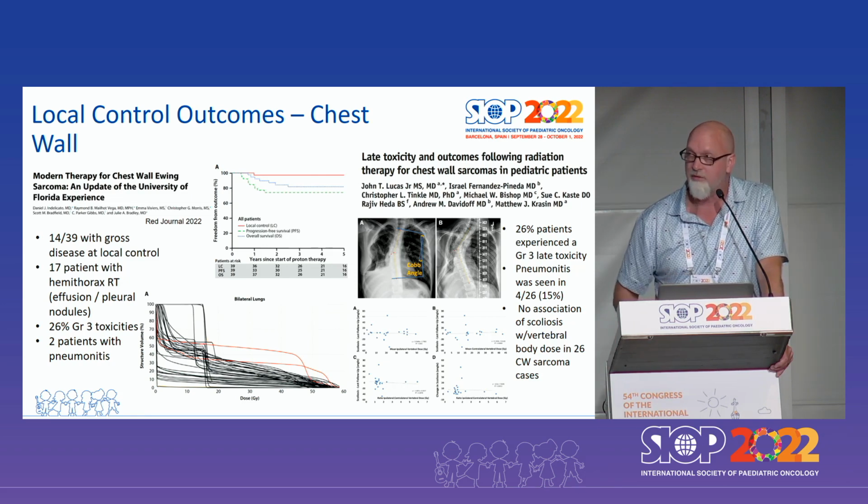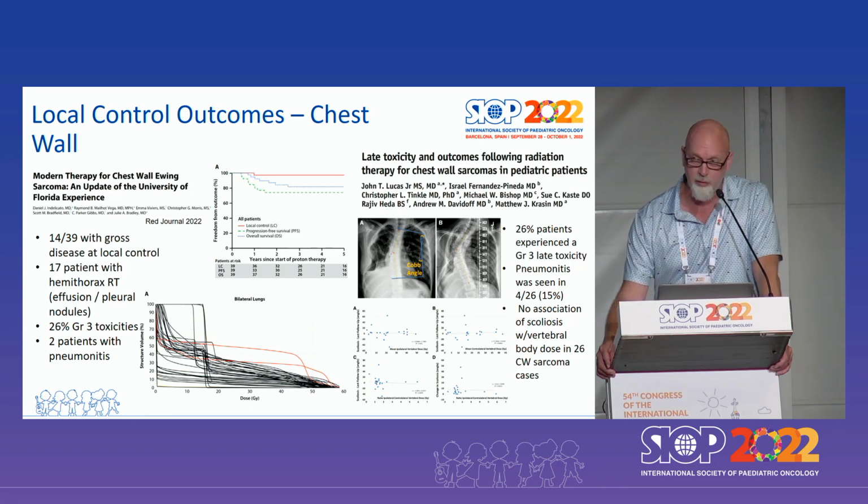We looked at late effects in our chest wall sarcoma population that included both Ewing's and other non-rhabdo soft tissue sarcomas. Again, about a quarter of patients experienced a late grade 3 toxicity. There are lots of musculoskeletal toxicities in these patients, but they're not all directly attributable to radiation therapy.